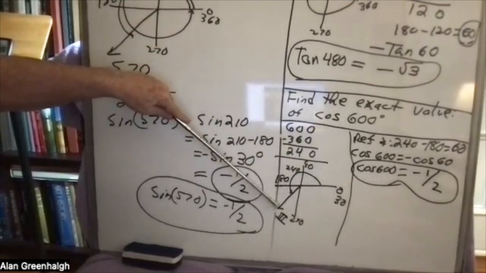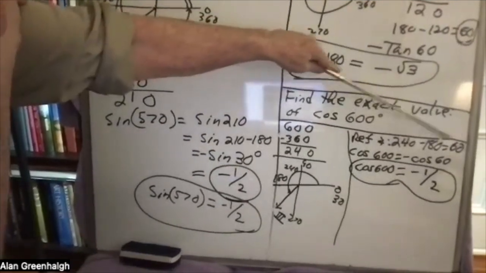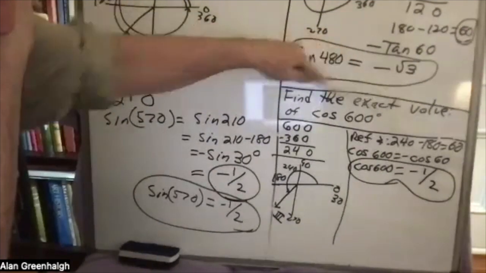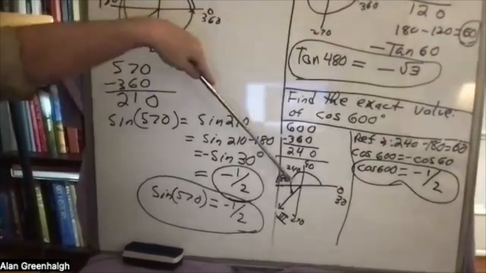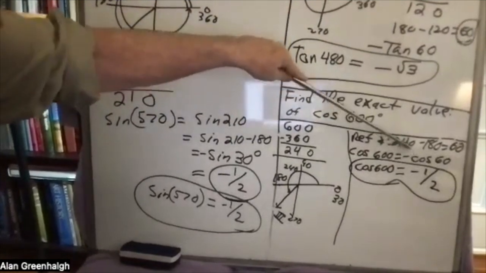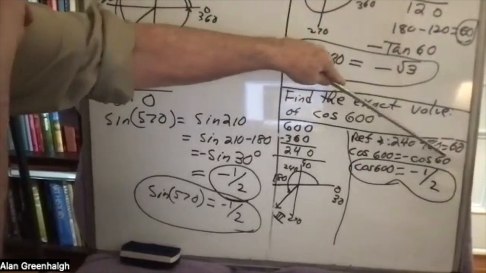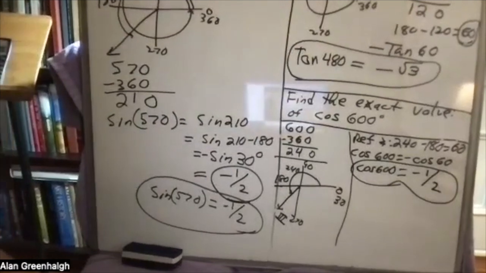To get the reference angle, it's 240 minus 180. That's 60 degrees. So we're really talking about the cosine of 60, but since it's in the third quadrant, cosine is negative. So it's negative the cosine of 60 degrees, which is negative 1/2. That's how you do this problem.